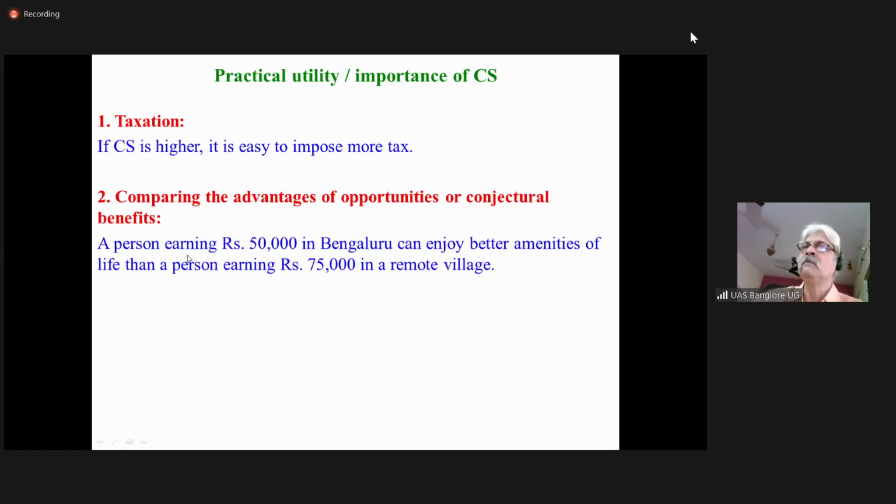A person earning rupees 50,000 in Bengaluru can enjoy better amenities, better facilities than a person earning rupees 75,000 in a remote village. In Bangalore, you want to have an internet connection, you may have to pay 3,000 rupees. But if you want to get the same facility in a village, you may have to pay, say, 5,000 rupees.